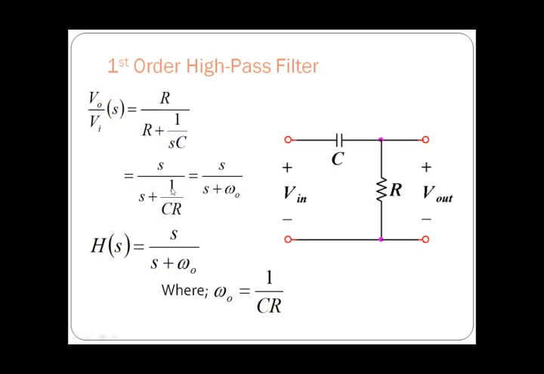We are going to write 1 by CR is equal to omega naught. So omega naught is equal to 1 by CR. In the place of 1 by CR, we are going to write omega naught. So we get S by S plus omega naught.